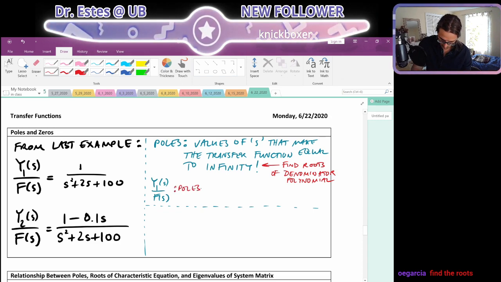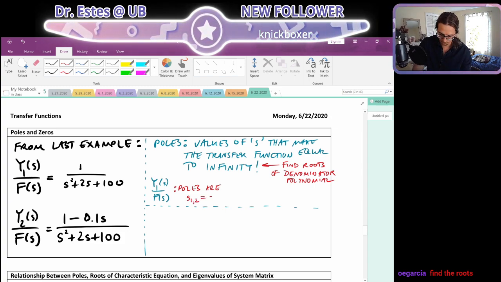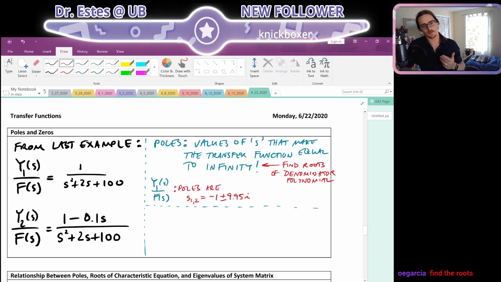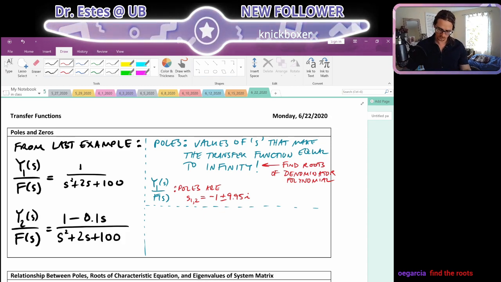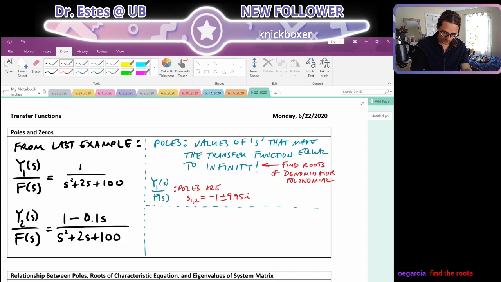So the poles, let's call them s1 and s2, are minus 1 plus or minus 9.95i. Because if you plug in either one of these, either of this pair of roots, it's going to make the denominator go to 0. You're going to have a divide by 0 kind of situation. That's why it's a pole.